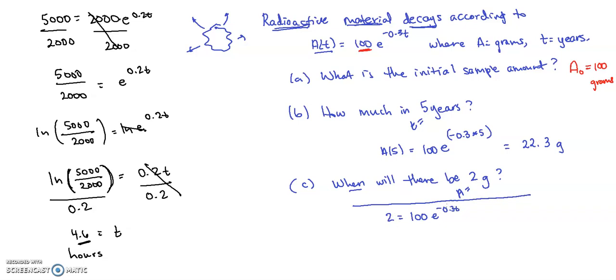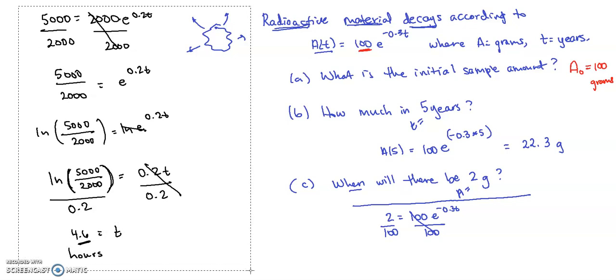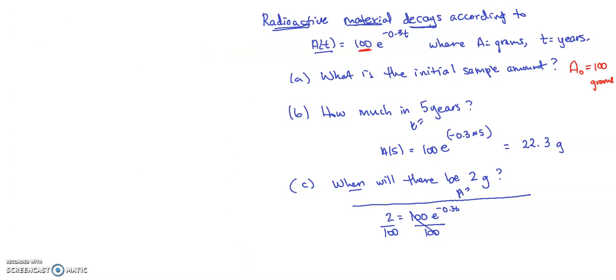If you remember what we did before, there were 3 steps. Get e by itself, take a natural log, and then get t by itself. Same 3 steps every time. So first we're going to get e by itself. You can see the steps, we still have them over here. Okay, so we get e by itself.